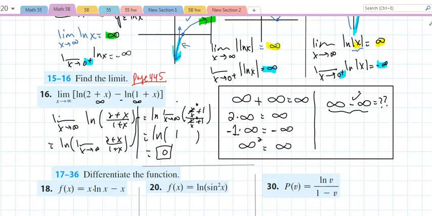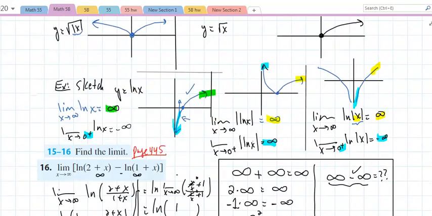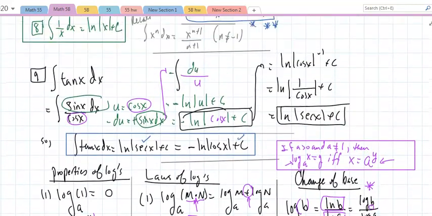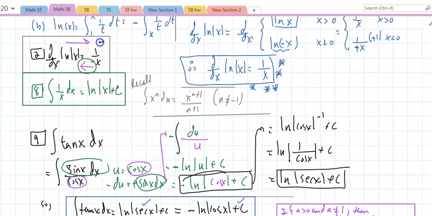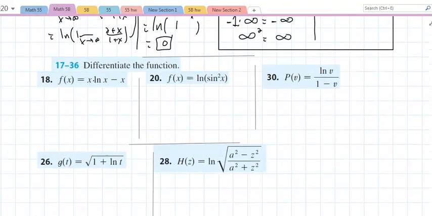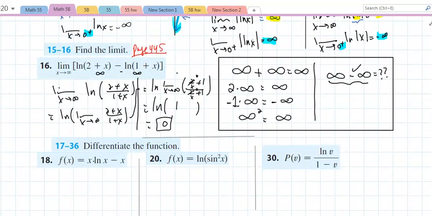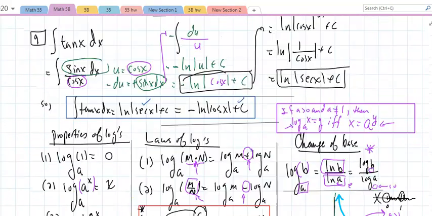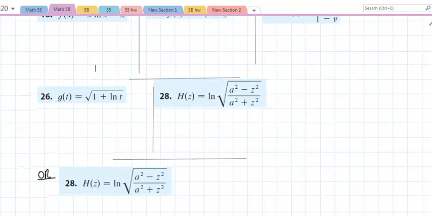For now, recall that we took a derivative of natural log of x, and we got it to be 1 over x. And the antiderivative will pick an absolute value. So, I'm going to do a few problems out of the book, and this is on page 445, of course. Let's look at number 18. Here we go.